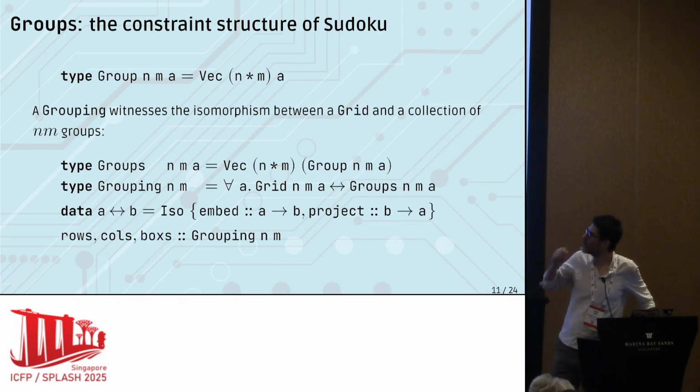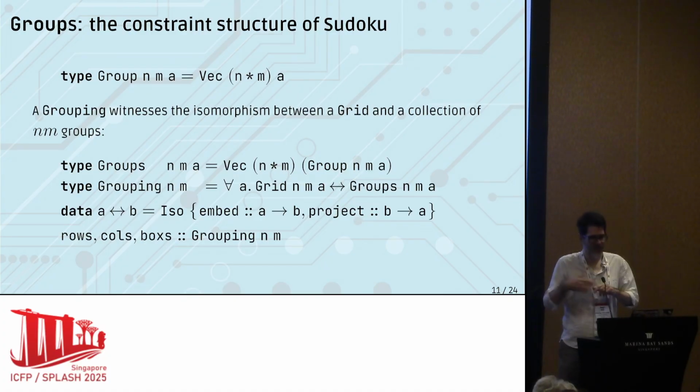And so what we can do for that is to say that any group consists of n times m cells, and then a full grouping is n times m groups.